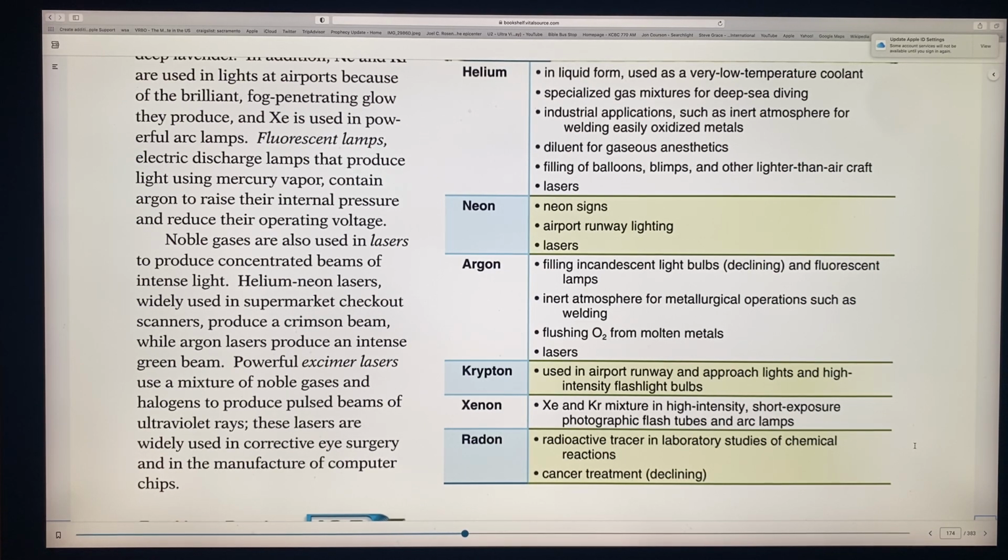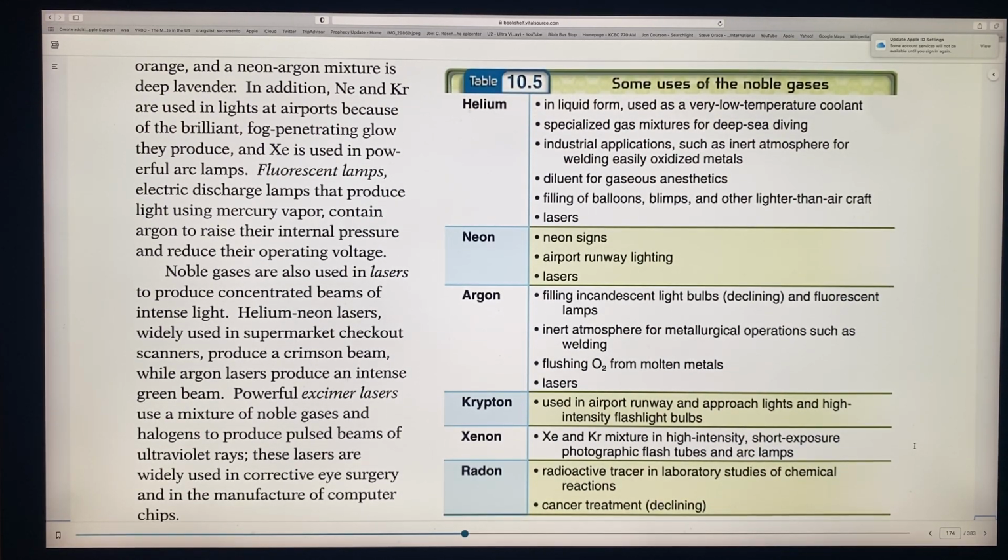Also, an argon-oxygen mixture helps remove undesirable carbon impurities from molten steel. So let's look at some of these uses here. Some uses of the noble gases.